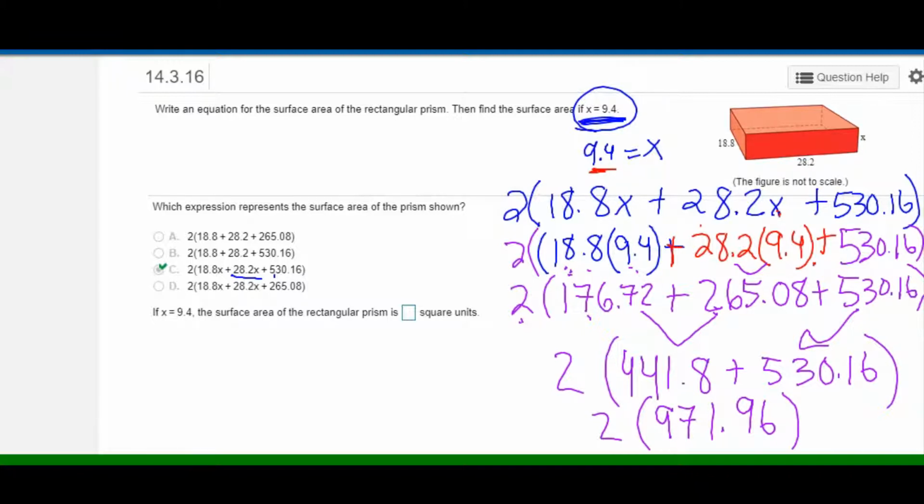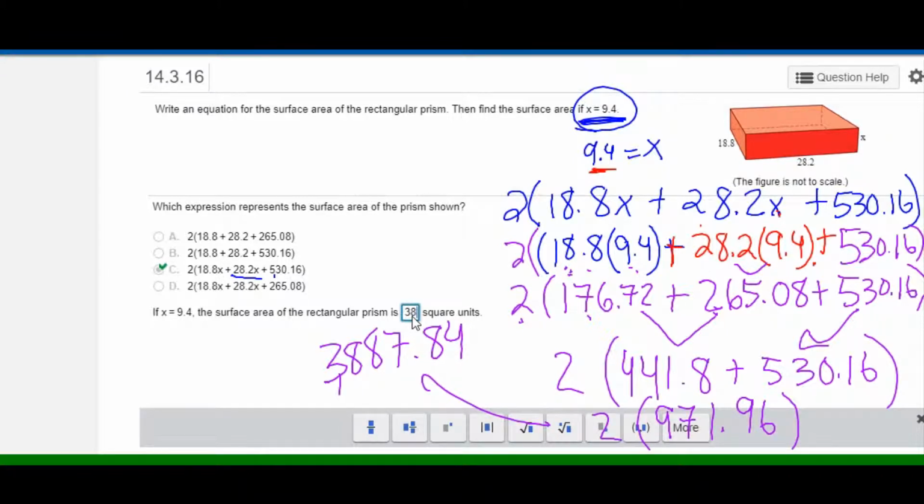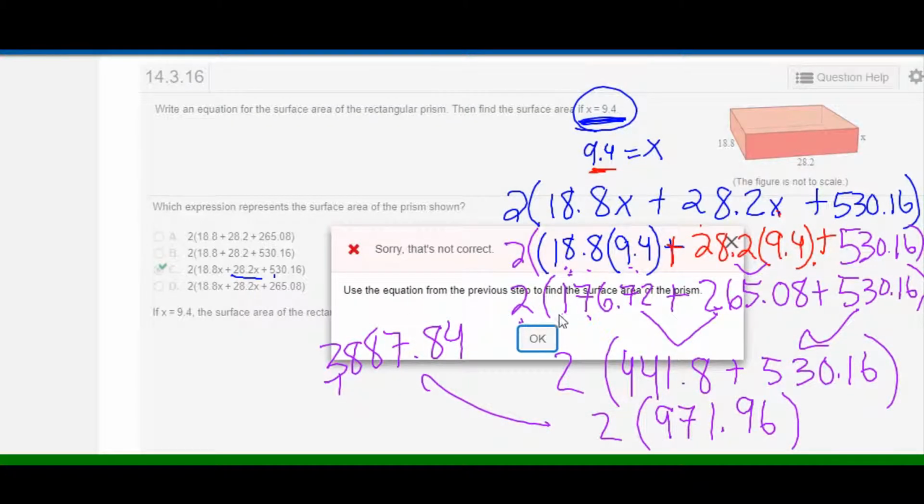So times 2, and that's going to give me my area, which is 3,887 and 84 square units. So I'm going to put that in, and that's going to be my answer right there. So 3,887 and 84 hundredths square units.